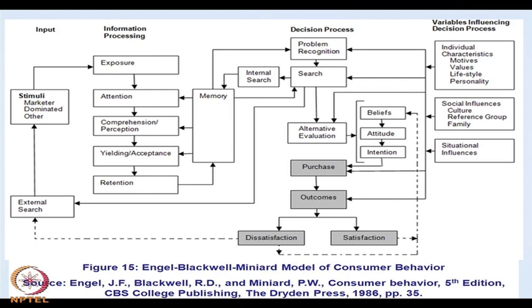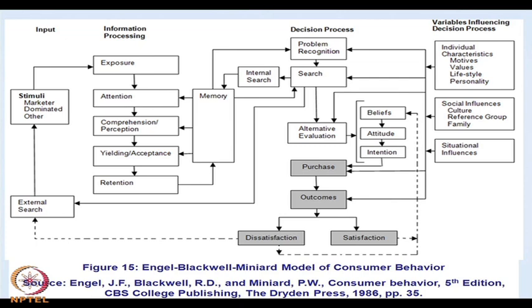We have the information input, and we have the information processing. Now, the information processing, instead of just being a very simple exposure, attention and retention, has 2 more constructs here in the form of comprehension and perception, and in the form of yielding and acceptance.